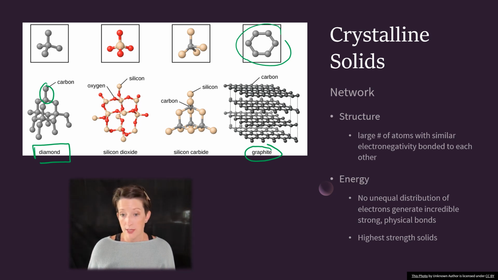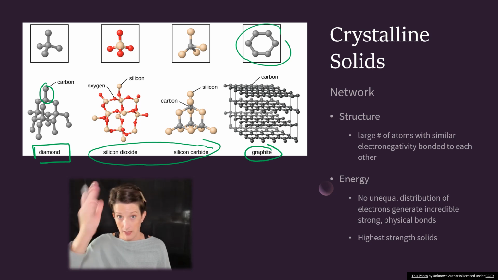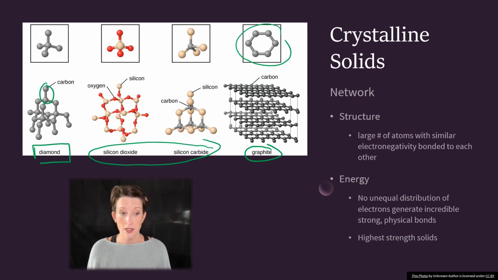There are two other types of network solids that are not pure carbon, that are silicon-based, but silicon is also in the same family as carbon, so it's going to have those same interactions. Silicon dioxide is what we use to make glass, or silica gel, stuff like that. It is equally as strong because of how many bonds silicon and oxygen can have, so you can have that network being built.